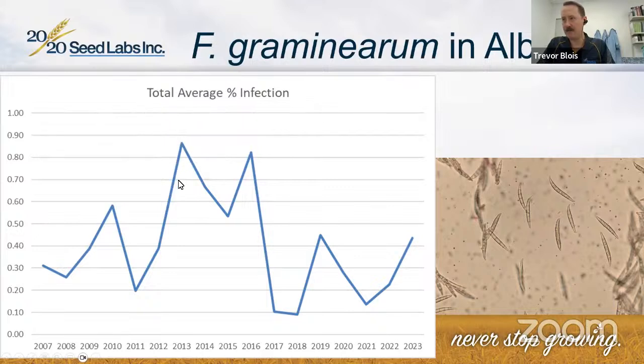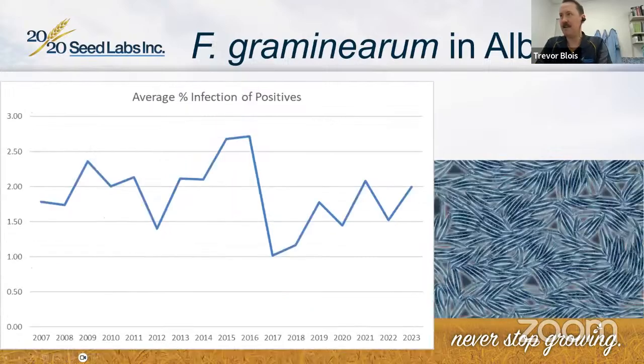The peaks were reached here in 2013, interestingly, but 2016 as well. 2016 had high amounts of infection as well as a high percentage testing positive. So that's where we see those real peaks. This year we are seeing it increase. We're around similar levels to 2019.